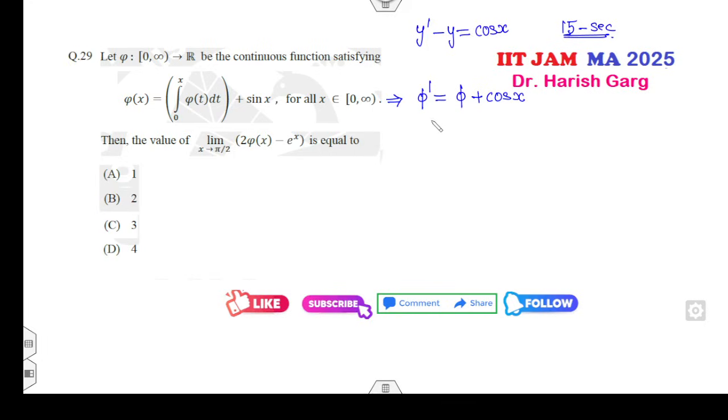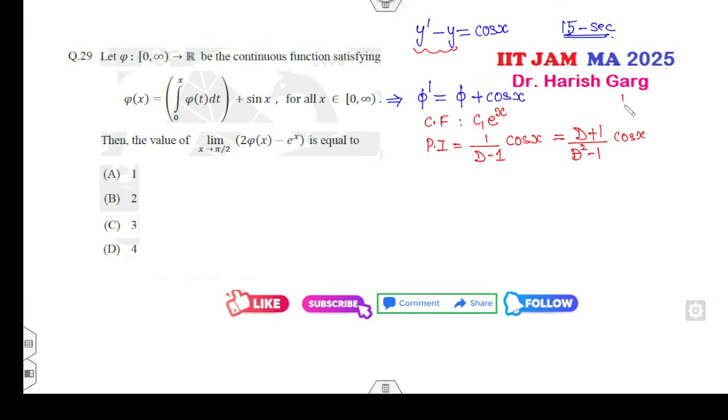How do you solve this? You can find the complementary function, which is c1 e raised to power x. How do you find the particular integral? 1 over D minus 1 into cos x. I can rationalize it: D plus 1 over D square minus 1 of cos x.